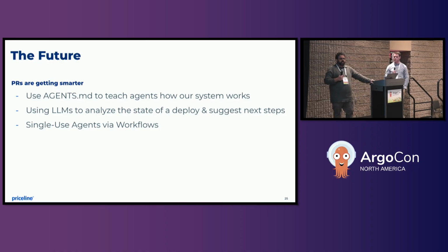Furthermore, PRs are getting smarter. It's really emerging that PRs are a central place for humans and bots to interact, especially around code changes. And we think there's a couple interesting ways this can happen. Agents are reviewing PRs.